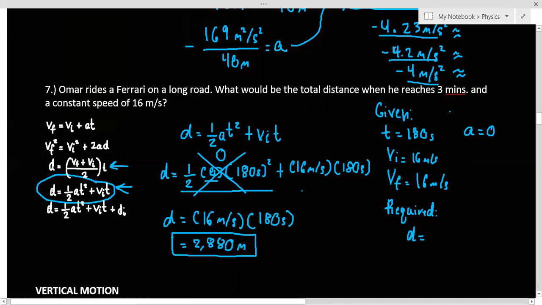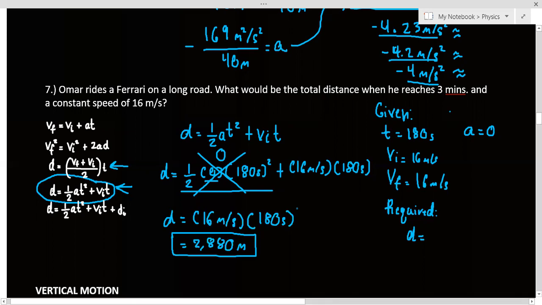Now we will stop right here because the next thing I will discuss is vertical motion. That is an application of the kinematic equations, but in vertical motion. Here, as you notice, this is just horizontal motion, like when we drive a car and want to find the distance covered.